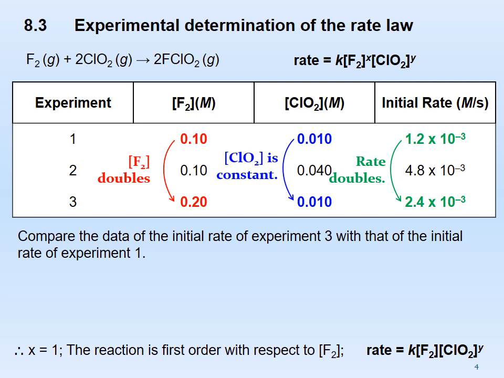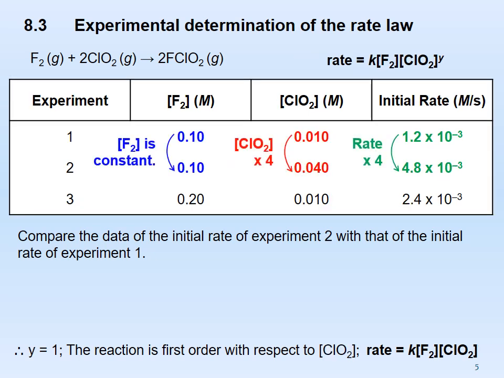To find x by this method, the chlorine dioxide concentration must be constant. Then we can say that any change in the rate is due to the change in fluorine concentration, not due to chlorine dioxide concentration. Next, we have to find y. By comparing data for experiments 1 and 2, we notice that fluorine concentration is the same or constant.